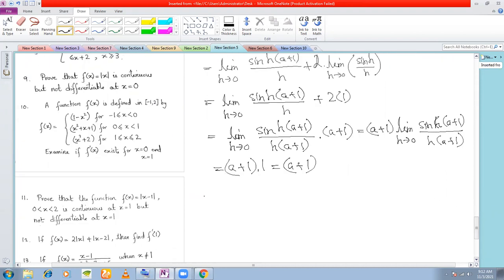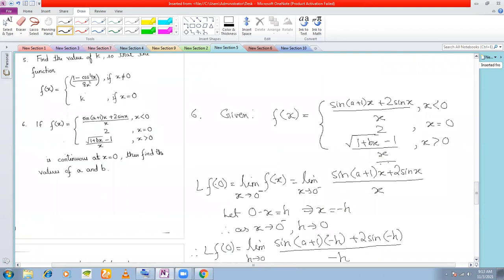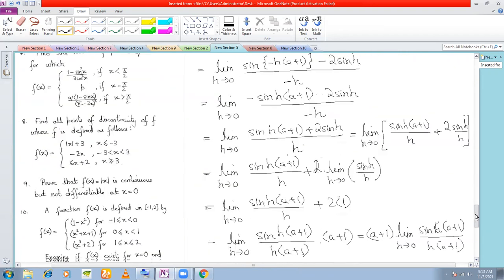So we now proceed to find out the right hand limit, RF0. RF0 is defined as limit x tends to 0 plus f(x). And if you see the function, when x is greater than 0, the function is root of (1 plus bx) minus 1 by x.